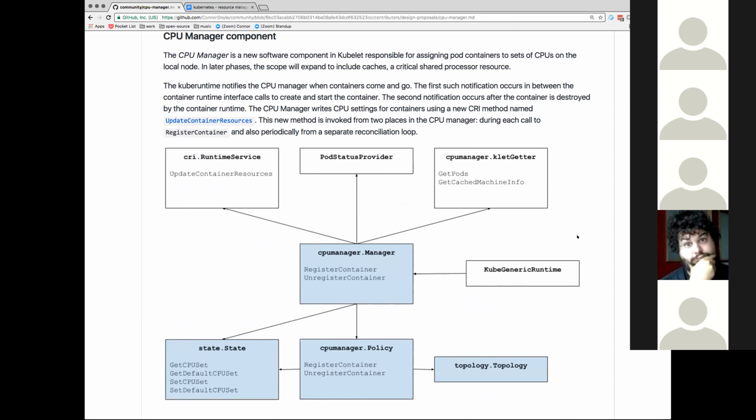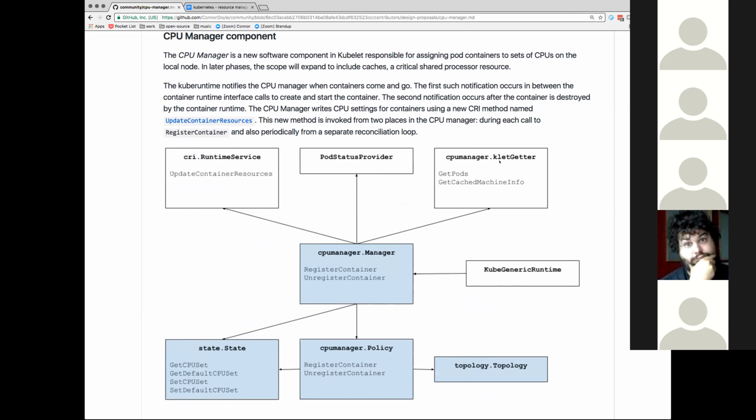Okay. So looking at the diagram again, we covered the entry point, and we covered how the cgroup gets written by the CRI implementation. That's how it actually makes it to the cgroupfs in the end. The cgroup manager requires the pod status provider in order to get the container ID once the container is running, so that we can pass the right stuff to the CRI so it knows which one to update.